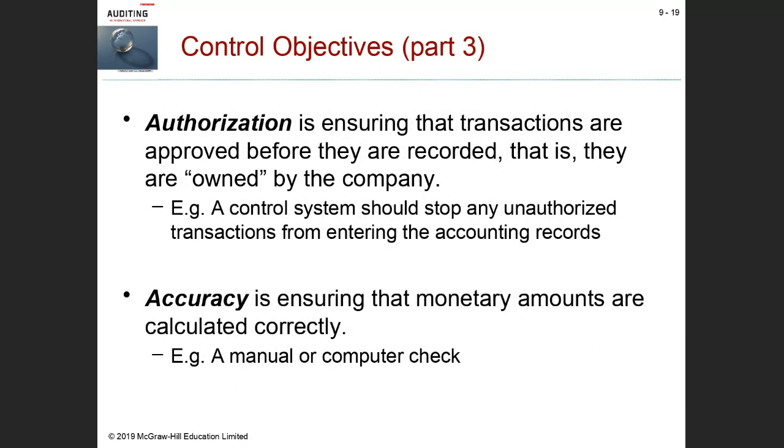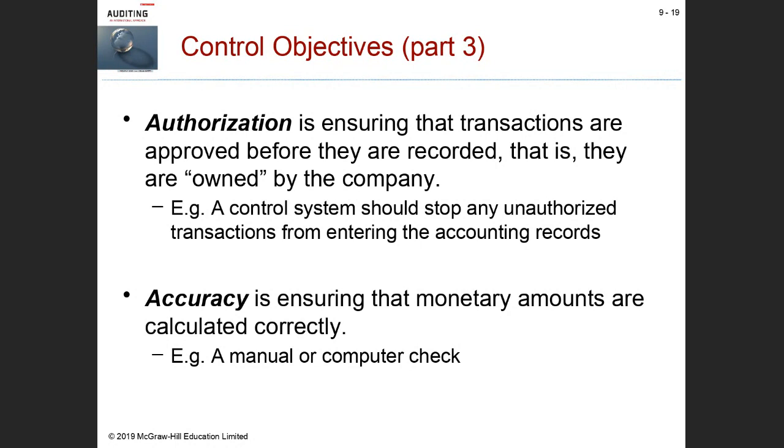Authorization, right? Remember a few minutes ago, we were talking about errors that could occur with respect to transactions not being authorized. So in this case, authorization is ensuring that transactions are approved before they are recorded. So we would need an internal control that says we won't even record a transaction unless it's been approved.